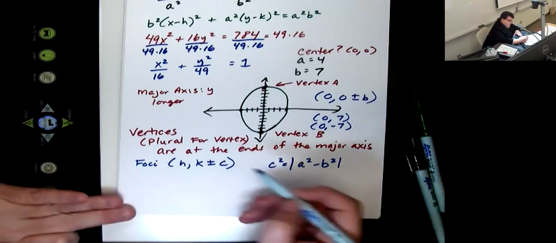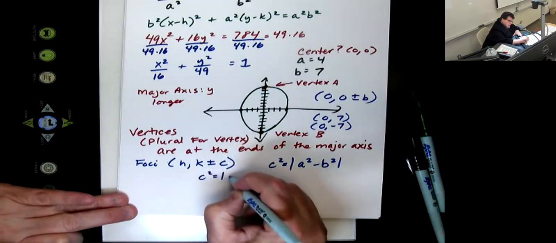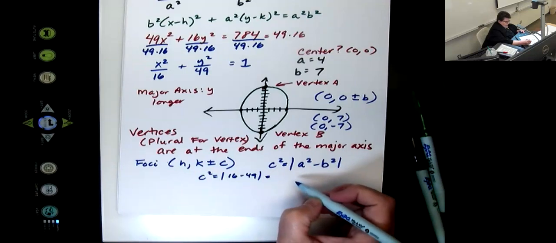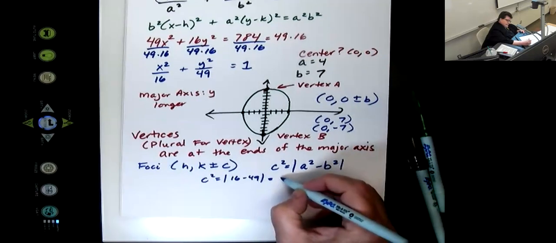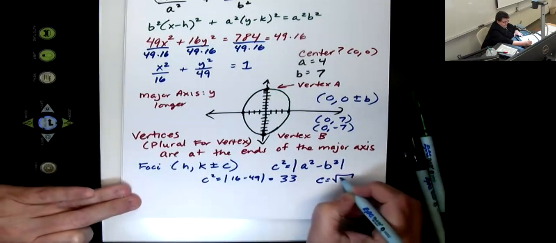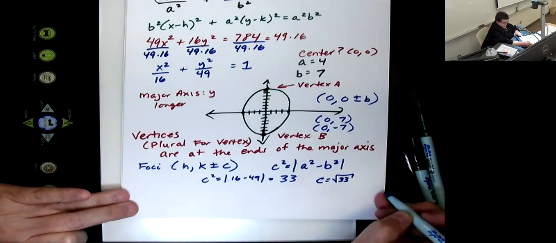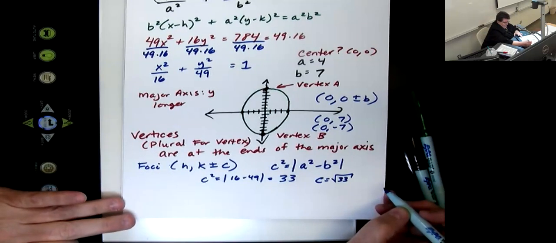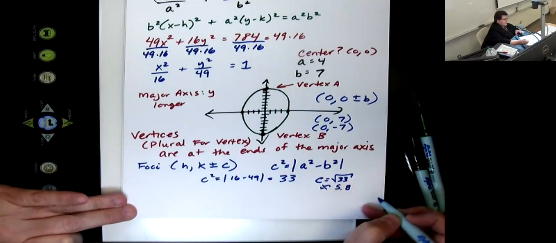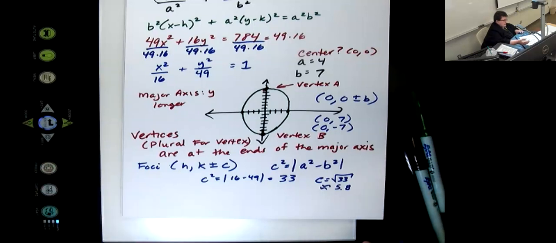So for this one, what is that, 33? So c equals the square root of 33. 25 would be 5 and 36 would be 6. I'm guessing this is around 5.8. What was it? 5.7. Close.